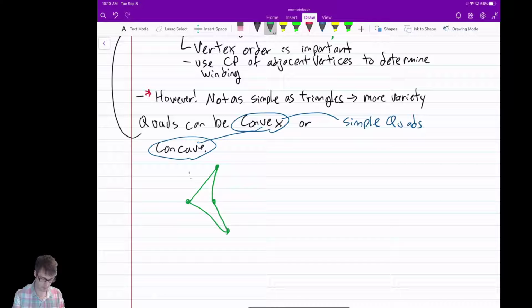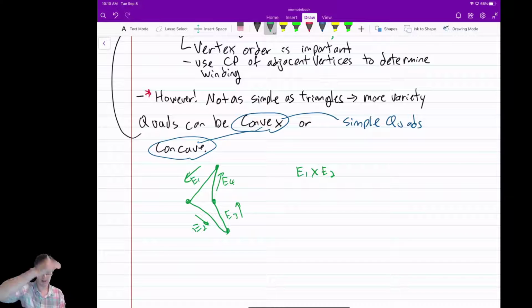And you could imagine E1 goes that way, E2 goes that way, not vertex, edge vector 3 goes that way, and edge vector 4 goes that way. So if I look at the cross products of these to see what happens, let's figure it out. Edge 1 cross product edge 2. Edge 1 turns left, it goes counterclockwise, so that's going to be bigger than 0.